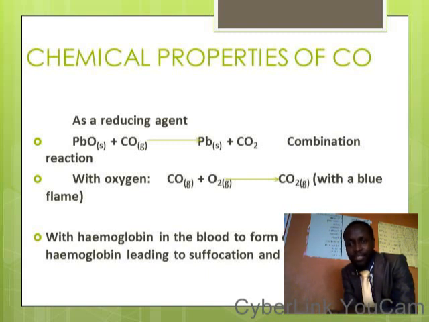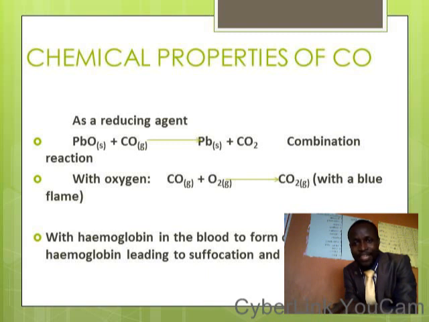Take for instance PbO, that is lead 2 oxide, plus CO, which is a reducing agent, go to Pb plus CO2. It has reduced that lead oxide to lead now.